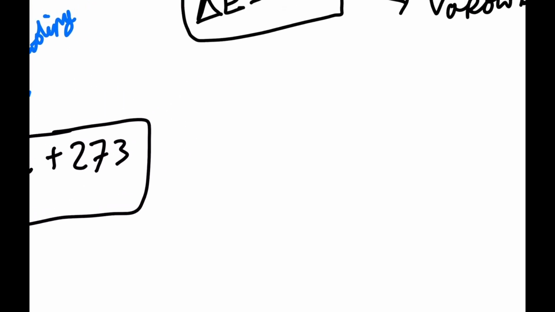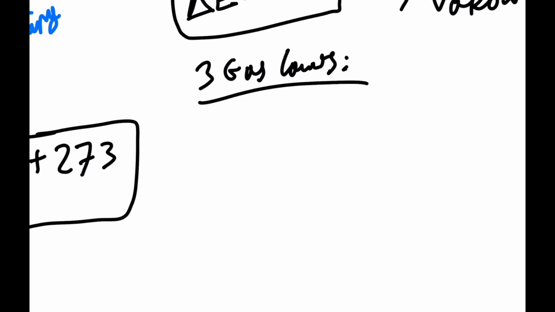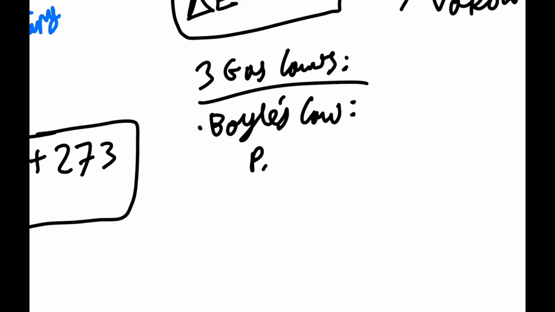Now let's go on to the gas laws. The three gas laws. The first gas law is Boyle's law. This is P1 V1 equals P2 V2, which is equal to a constant.